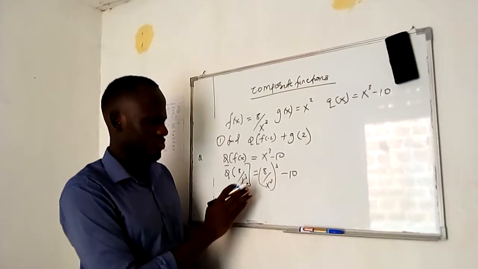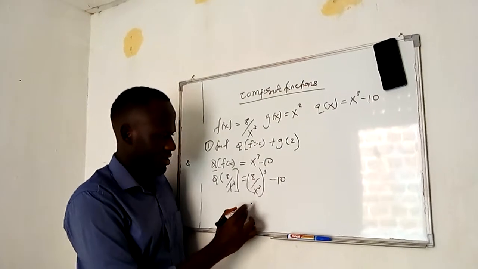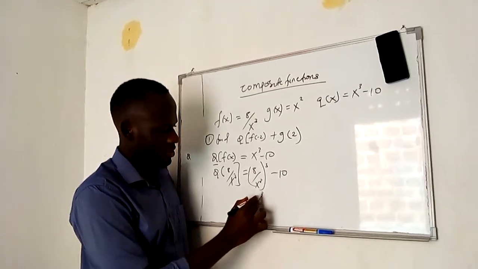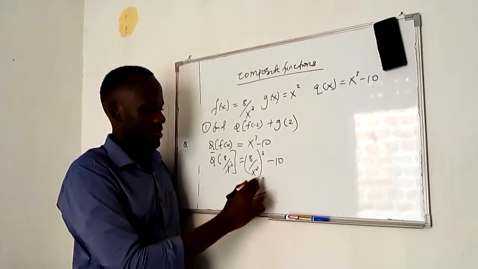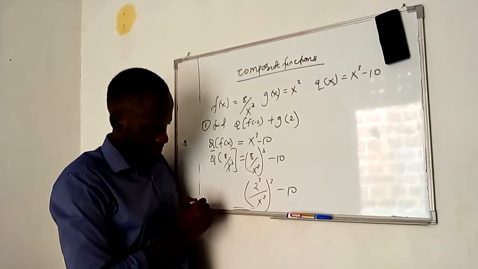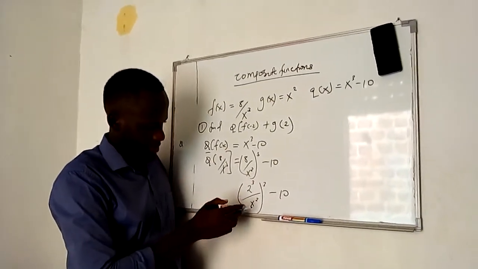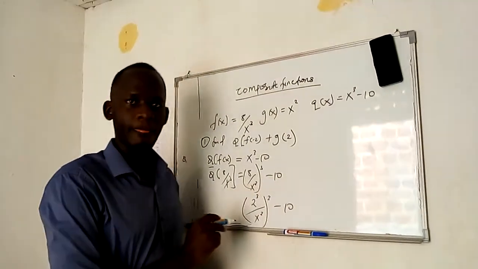Now this is a very good question. If you apply the cube to this, it is 2 cubed over x cubed, cubed, minus 10. This will all cancel, and we shall have 2 over x minus 10.